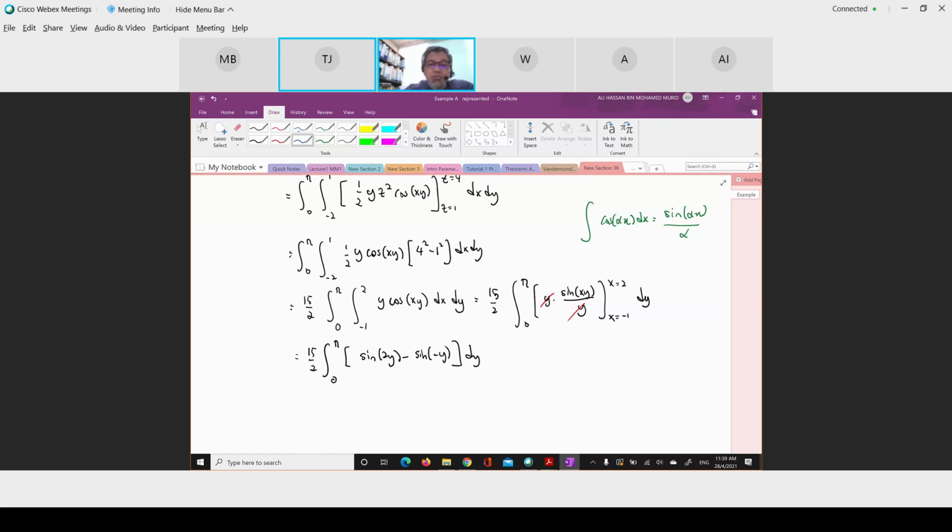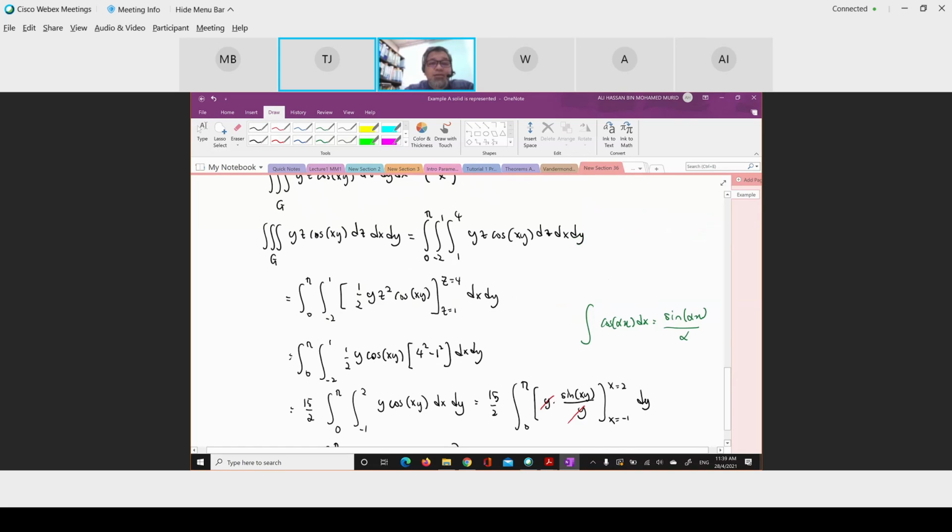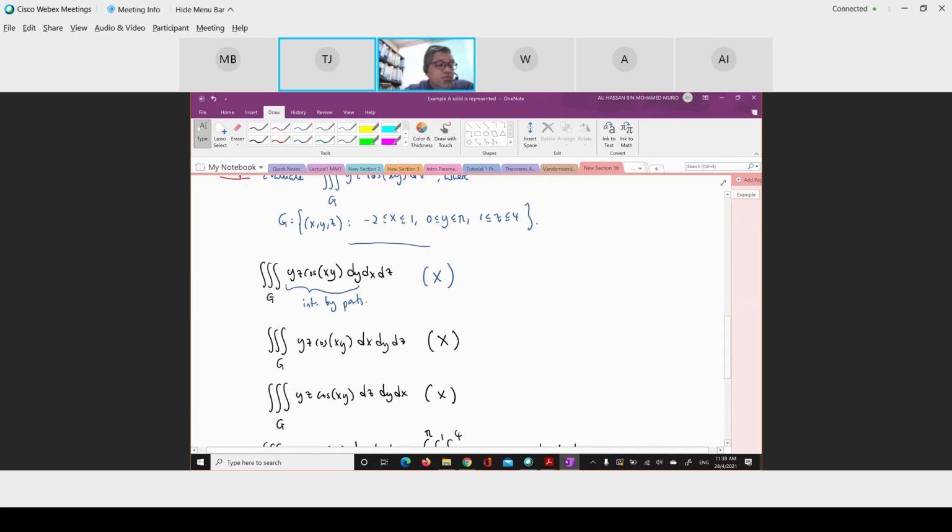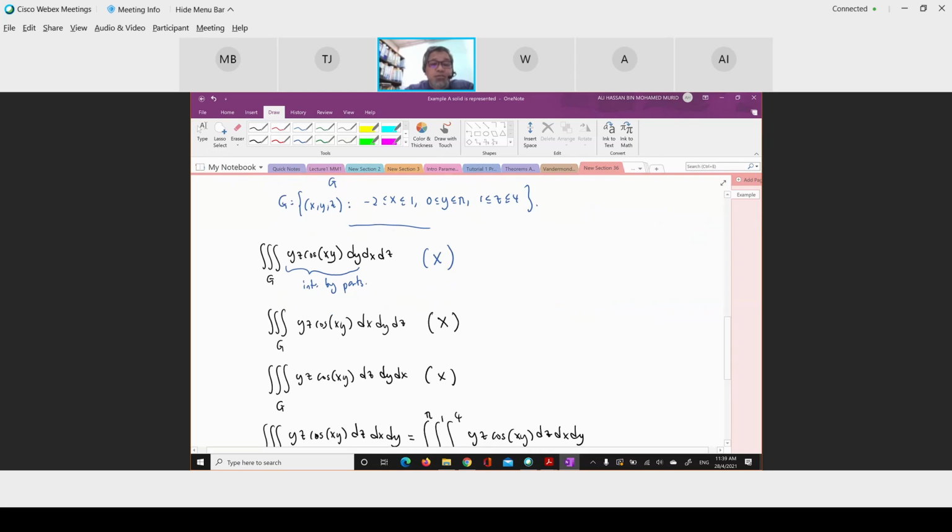The limits of x, you flipped them already. X is between -2 and 1, that's correct. Y is between 0 and pi, that is correct. Z between 1 and 4, that's correct.